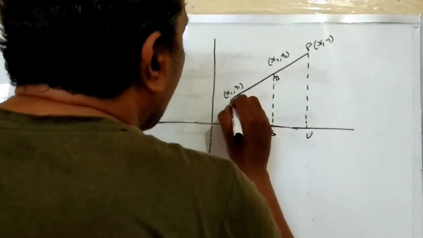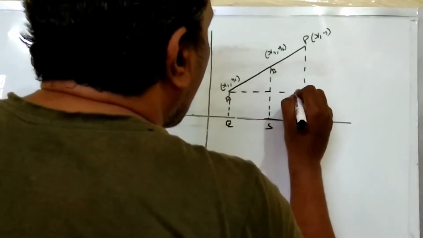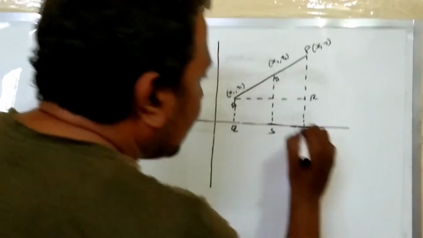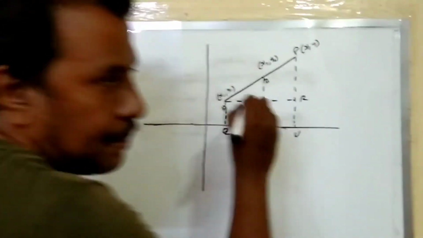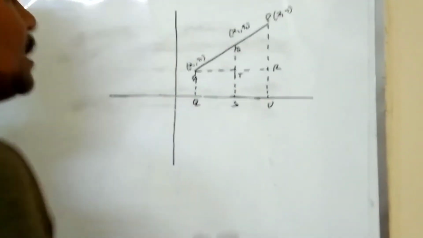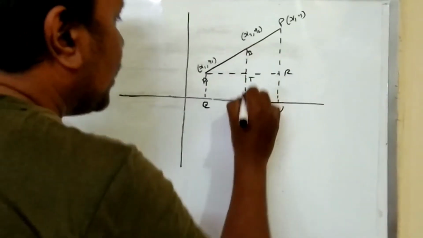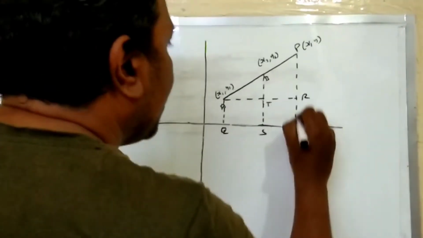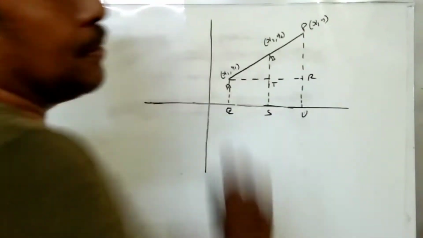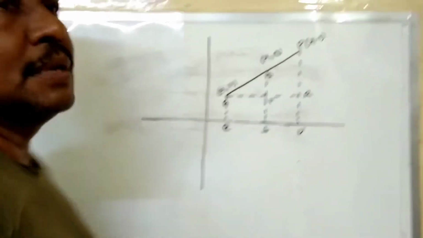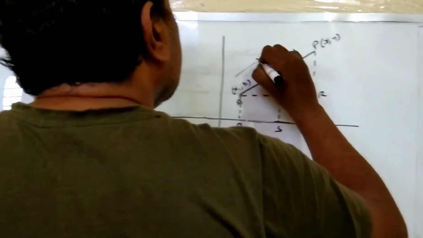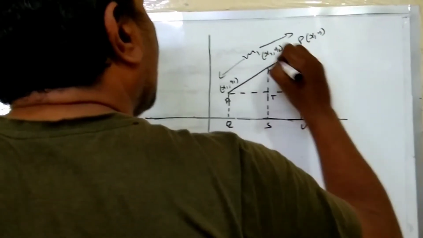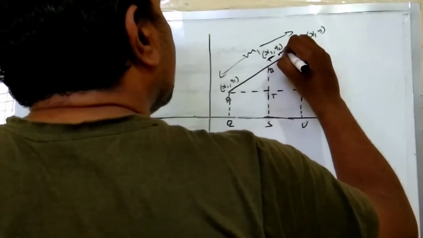Now I need to draw another line AR perpendicular to PU, and this AR is touching BS. Here you take it as T. So BT is perpendicular to BS and AR is perpendicular to PU. Okay. Now as usual from A to P is m1 and from B to P is taken as m2.